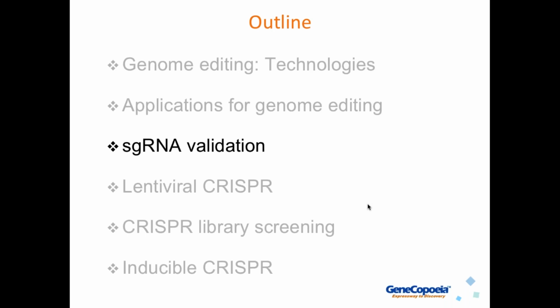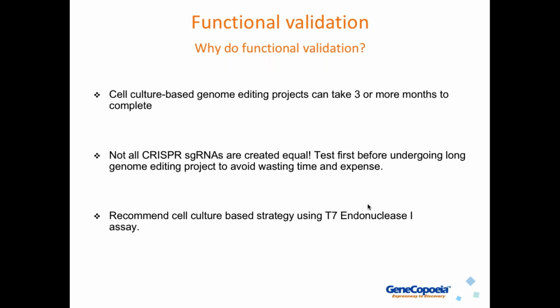So one is sgRNA validation. Now, why? I posed this question: why do functional validation? Well, that's because we strongly recommend, when you get CRISPR components from GeneCopoeia, that you do functional validation. We sequence verify the sgRNA clones, but by default we don't do functional validation, because if you're using these in cell lines, we simply cannot guarantee that they will function in any given cell line in any given experimental setup.